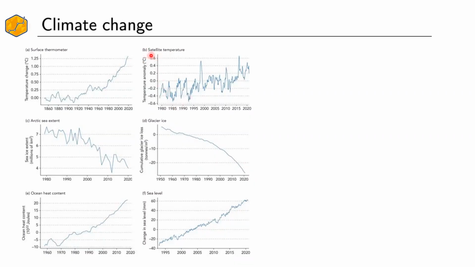And this is from satellite. This is the surface thermometer, and this is satellite temperature from 1980, so 40 years back. This also shows that it has increased. The rise in temperature has been verified by different instruments, by different independent agencies or bodies.